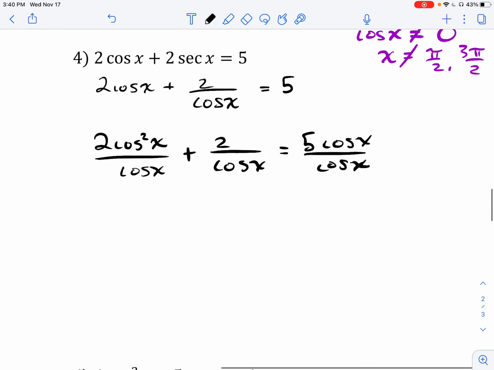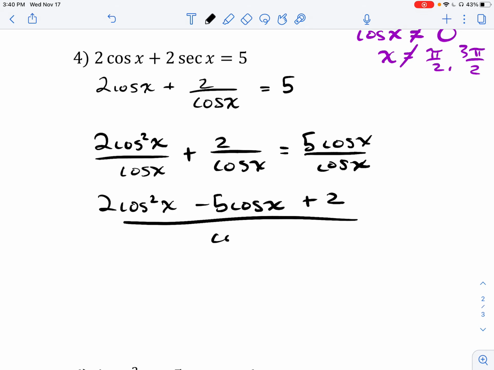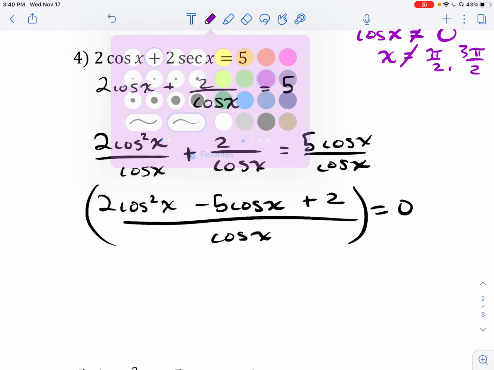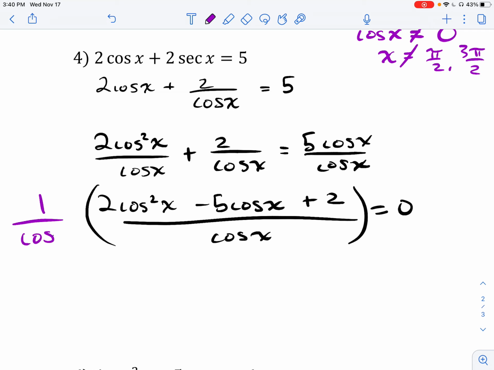And what we could do here then is move all of these terms over to one side. Now I'm able to write all of this over cosine of x, in which case I can actually factor out 1 over cosine x. And these are equivalent.